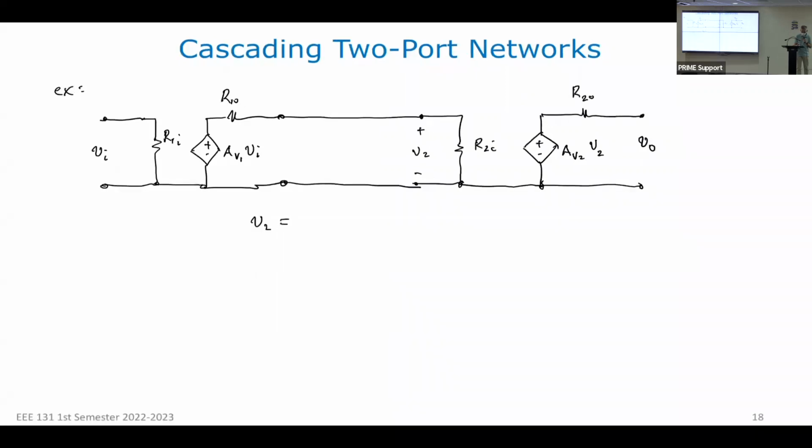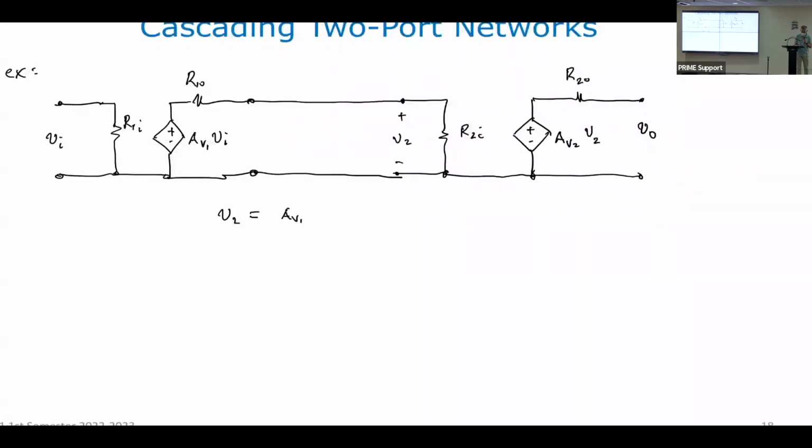V2 is just AV1, V sub I, multiplied by R2I over R2I plus R1O. Right? I have this resistor, this is my source. So this voltage is the source multiplied by this resistance divided by the sum of the two resistances.